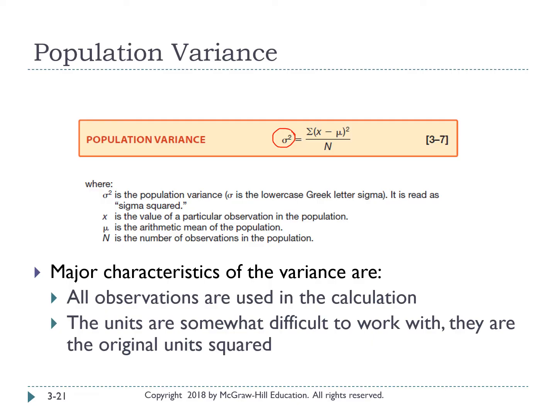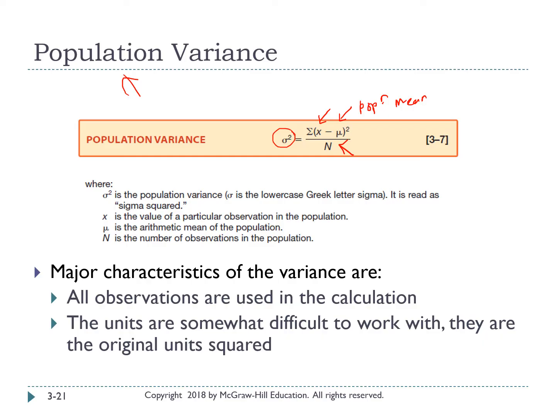So sigma squared equals the summation of (x minus mu) squared, over capital N. X here is your observation, and mu is the population mean. We use capital N because we are talking about population variance.